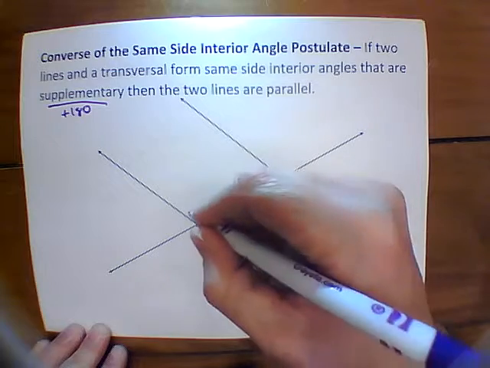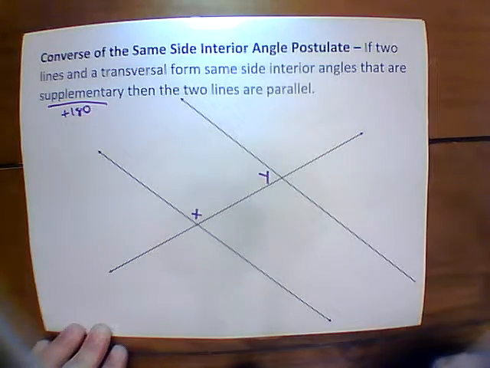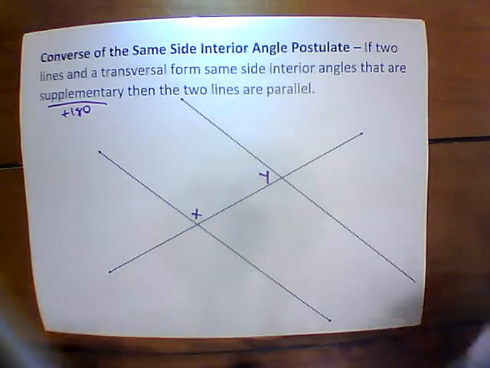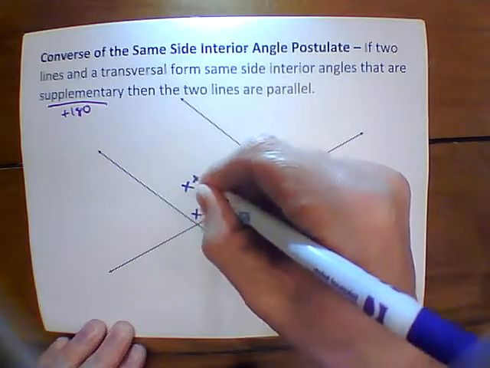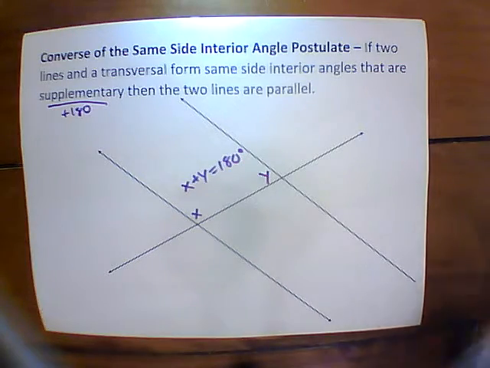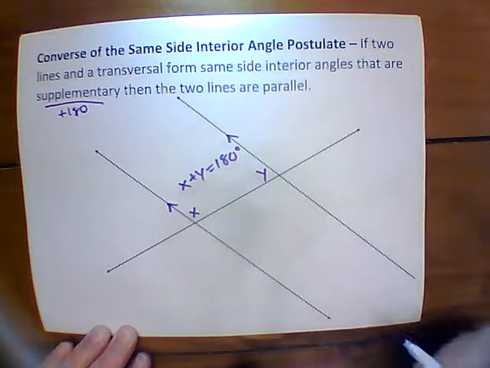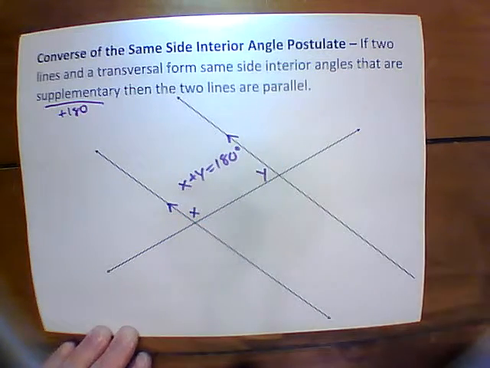And the way we're going about that is by showing these two angles are supplementary. So if I can somehow show that x plus y equals 180, then I will have shown that the same side interior angles are supplementary, which in turn proves these two lines are parallel.